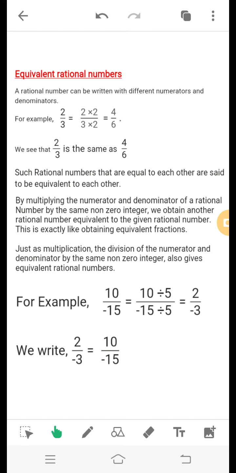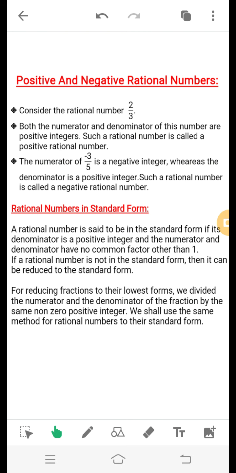Now, positive and negative rational numbers. Just take one example, 2 divided by 3. Both the numerator and denominator of this number are positive. Such a rational number is called a positive rational number.